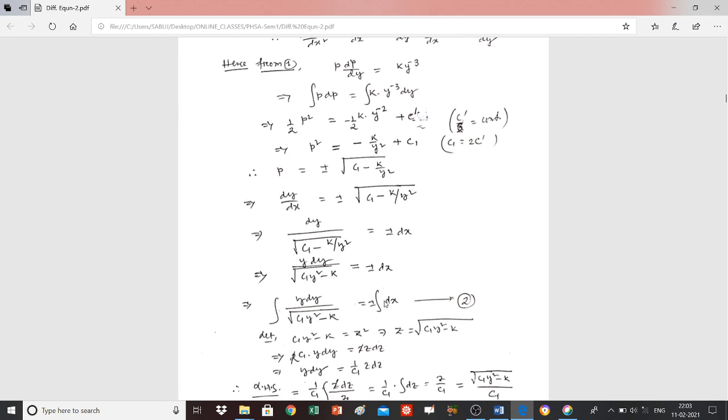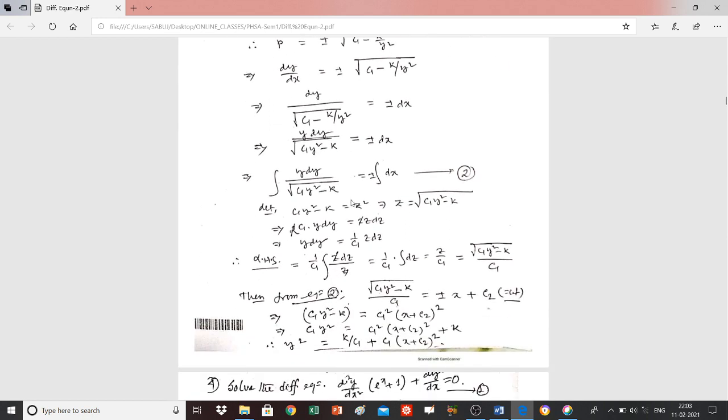Integrate this equation. To integrate it, substitute c1 y² - k = z². From here you can find z = √(c1 y² - k), and differentiate both sides of this equation. 2c1 y dy, since k is a constant, equals 2z dz, and so y dy = (1/c1) z dz.